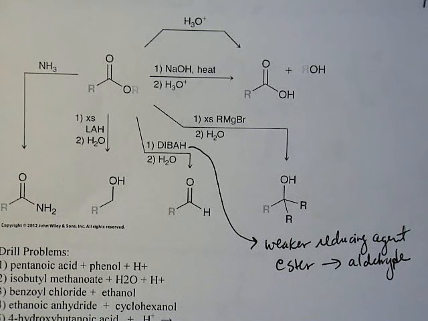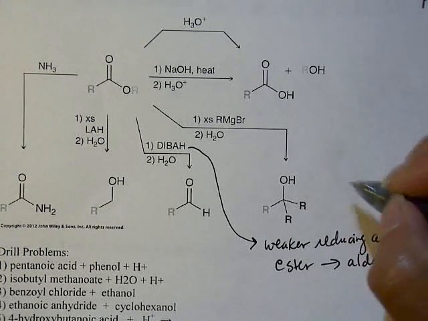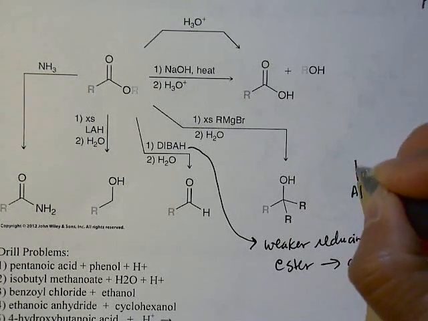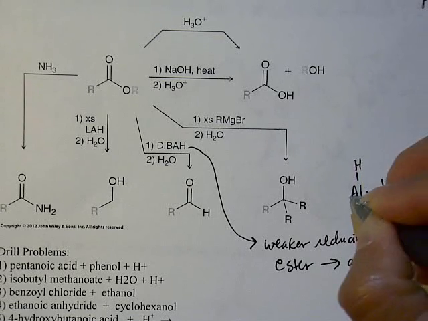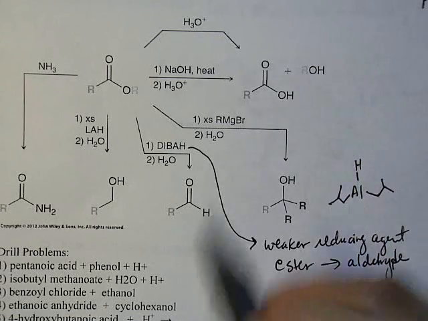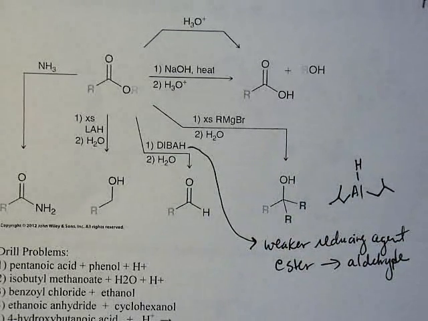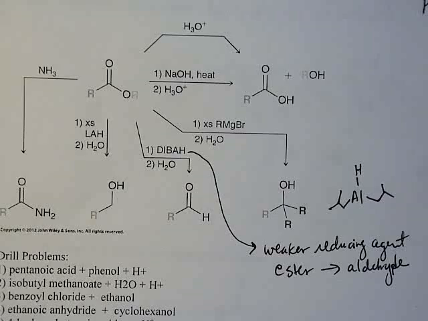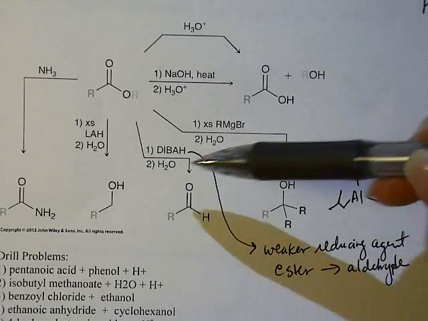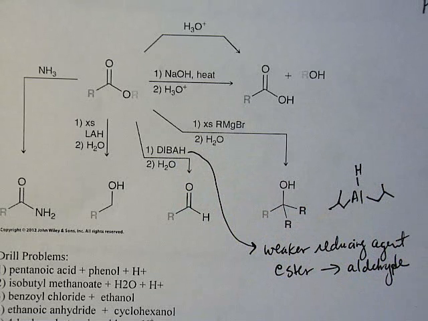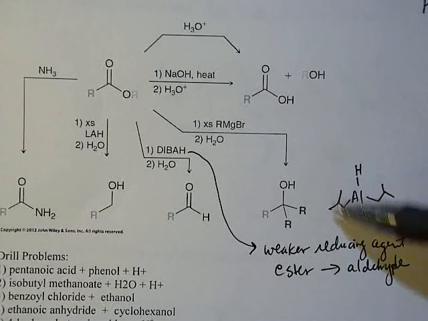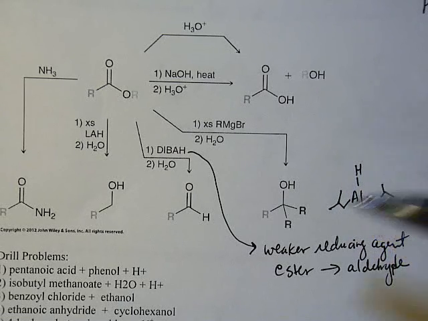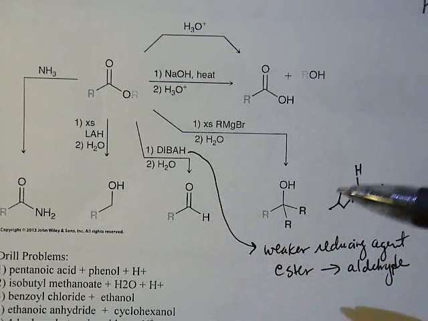So this is a very selective reaction, and the structure of DIBAL, which your book has, I don't think you're going to have to know, because whenever you have this above the arrow, you're going to see the abbreviation. DIBAL basically stands for diisobutylaluminum hydride, and think of it as the other mild reducing agent like when you had the acid chloride and anhydride. So that's a specific reducing agent just for esters, giving aldehydes and stopping there.